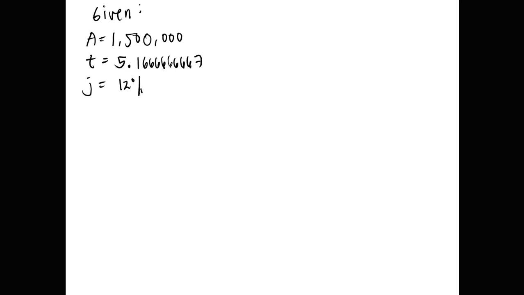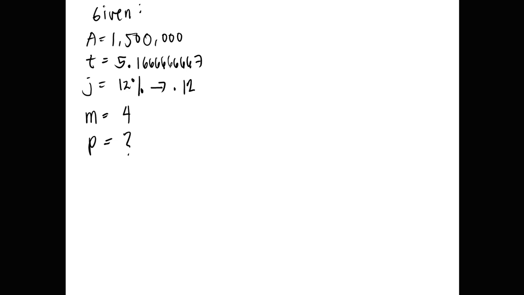Okay? Next, our nominal interest rate or J is 12%. Convert it into decimal, that is 0.12. Next, M, compounded quarterly. So we have 4. And we are solving for the principal amount. Since the question is, how much should he invest now?